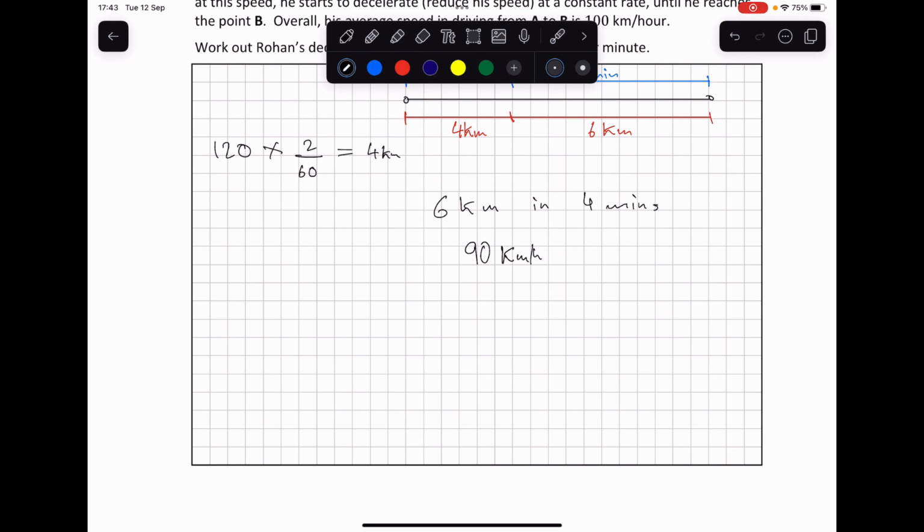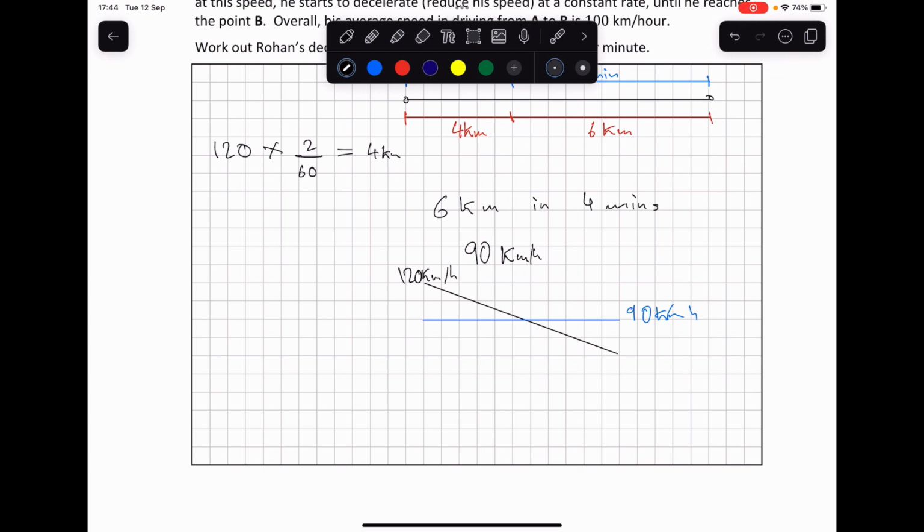Now this is a bit of maths you probably wouldn't have learned on the course. It's slightly less traditional. So let's draw 2 lines. The blue line is the average speed of 90 kilometers an hour, yeah? And the beginning speed is 120 kilometers an hour, yeah? So the thought is in symmetry.